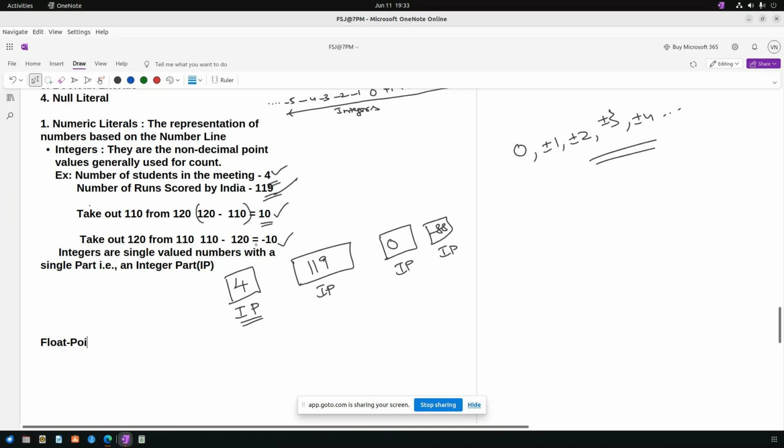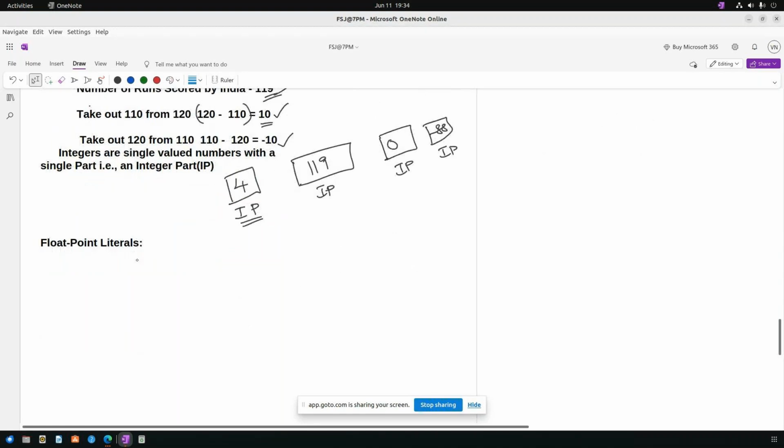float point literal. So next we are going to talk about the float point literal. So what are float point literals? These are also numeric literals, the numeric literals that have a decimal point.